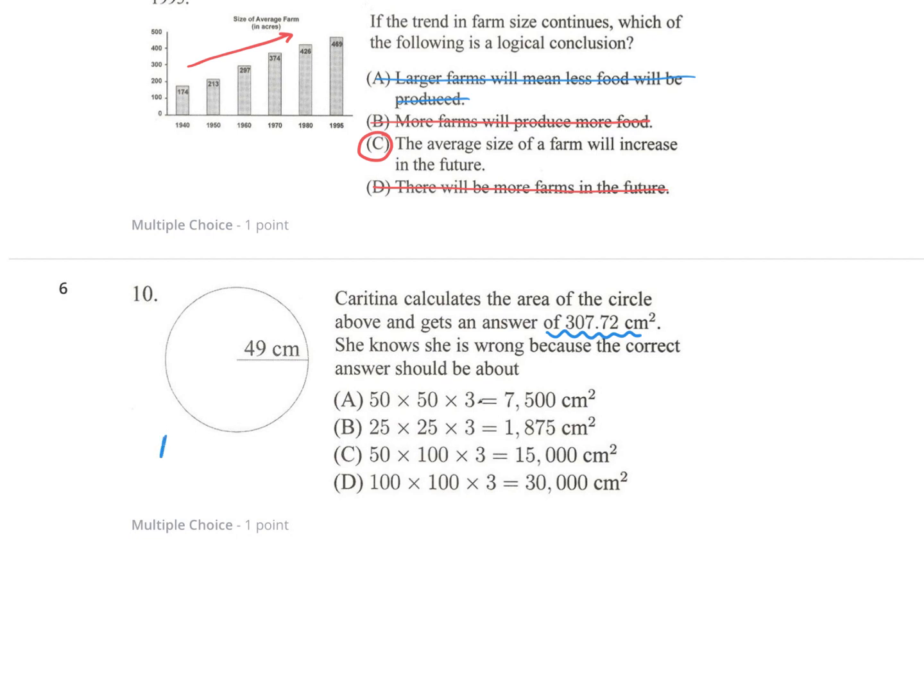So I know that the area of the circle is pi times r squared. If I were to estimate this, it looks like they're using 3 for pi, and the radius of the circle is about 50. So I've got to remember that r squared is r times r. So I would take 3 times 50 times 50, which is option A, 7,500, much bigger than the prediction.